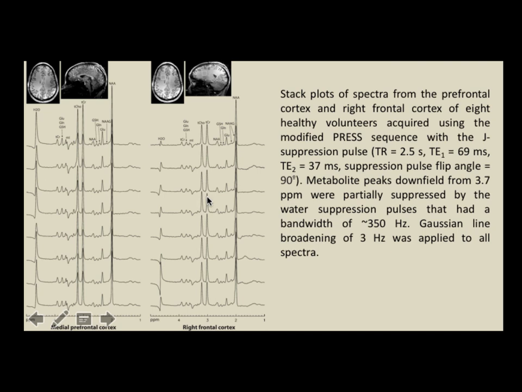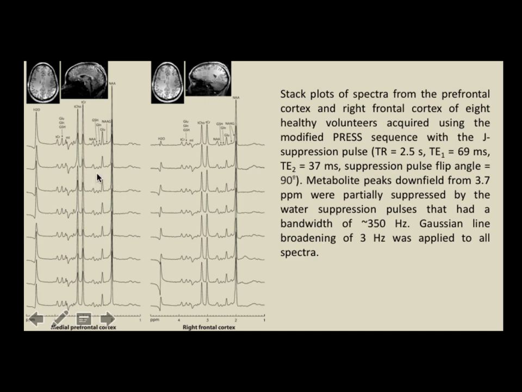Then these are in vivo spectra from 8 healthy volunteers. The spectra were acquired from the prefrontal cortex, gray matter region, and the right frontal lobe, that's mainly white matter region. You can see the quality of the spectra was really good.